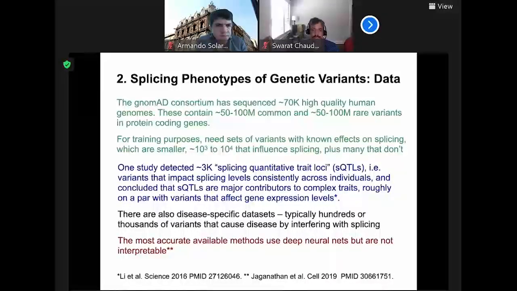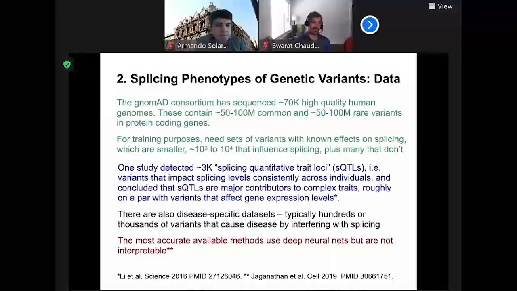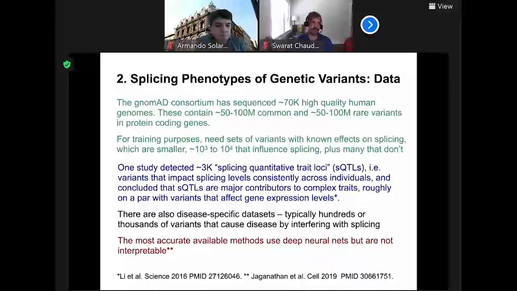There's somewhat less data available where we actually know what the splicing pattern is, but there are lots of efforts to do RNA-seq on different cells and tissues of people with known genetic variants. And so there's starting to be more and more data available where we know the splicing pattern of both variants.